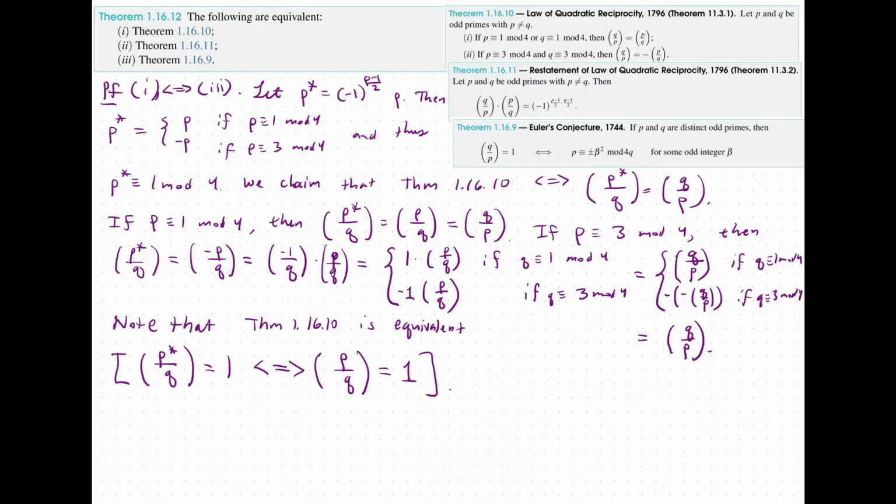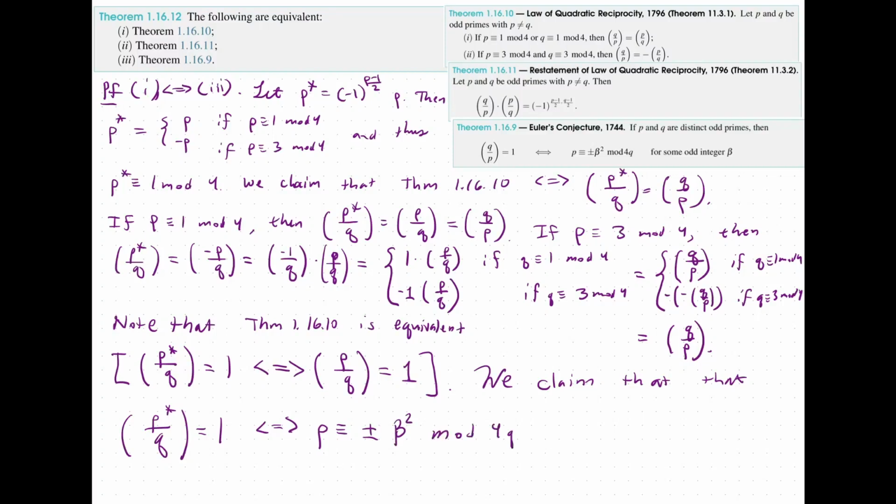But what we claim is that P star on Q is equal to 1 if and only if P is congruent to plus or minus beta squared mod 4Q for some odd integer beta.